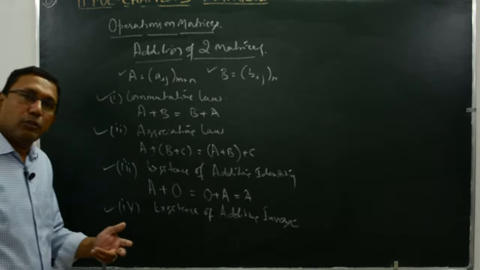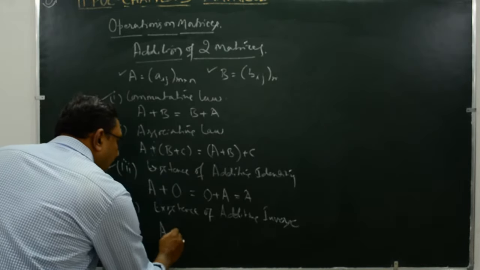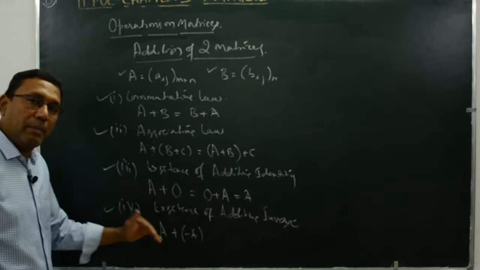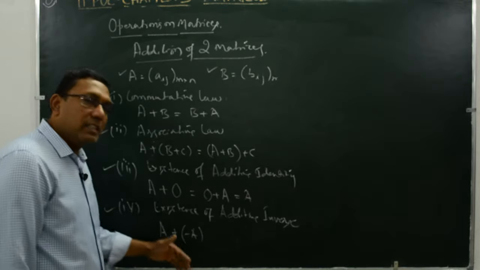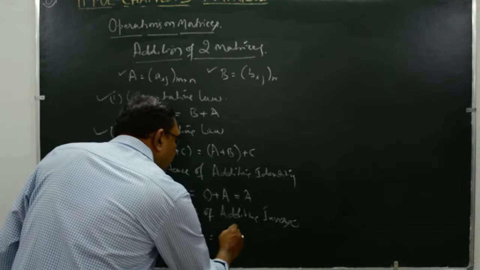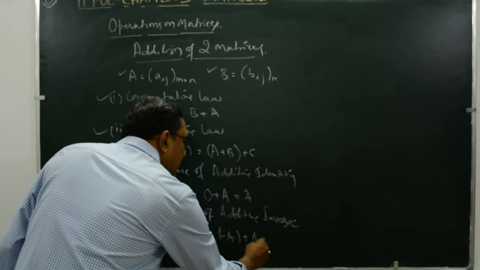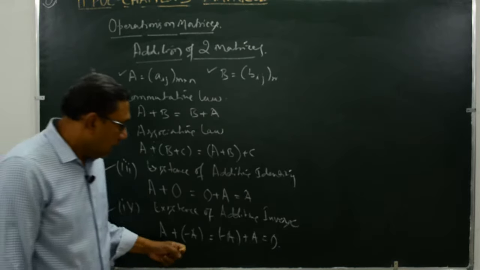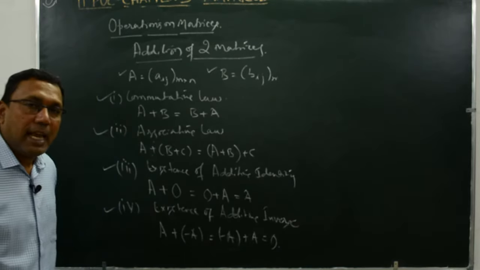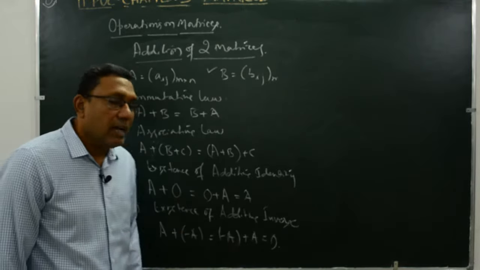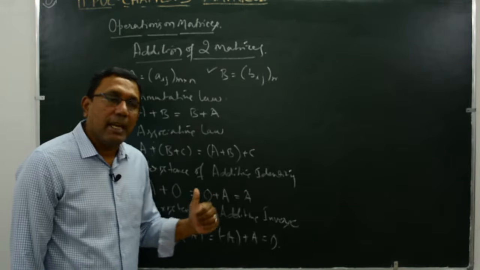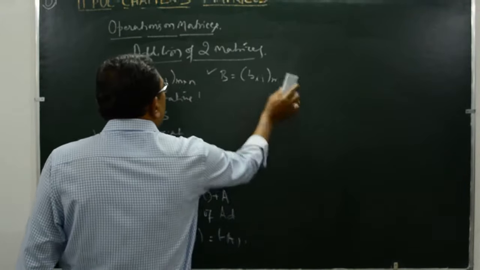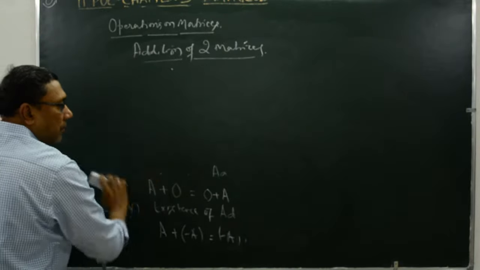Consider two matrices: one is A and another is the matrix multiplied by a negative sign, which is negative of A. Then minus A plus A is equal to 0, a resultant null matrix. In this property, minus A is called the additive inverse of the matrix A. So this is the summary of the properties of addition of two matrices.